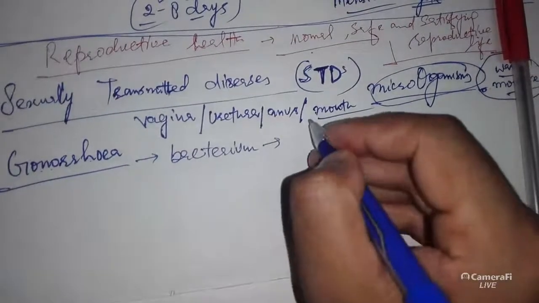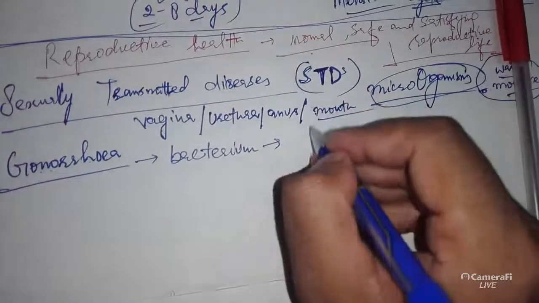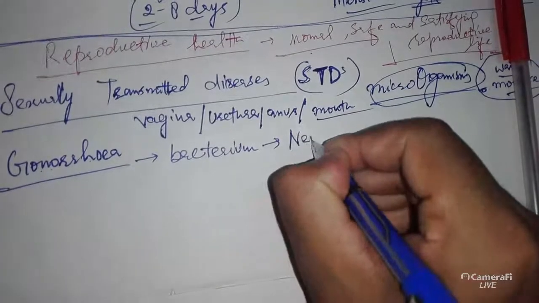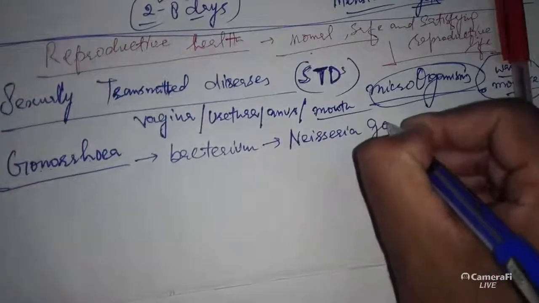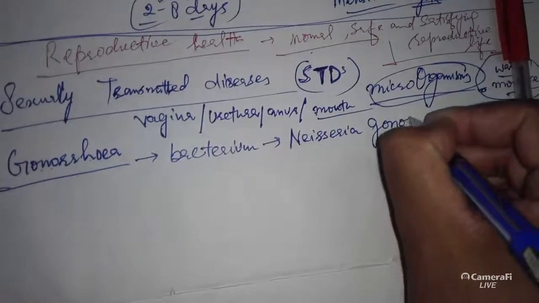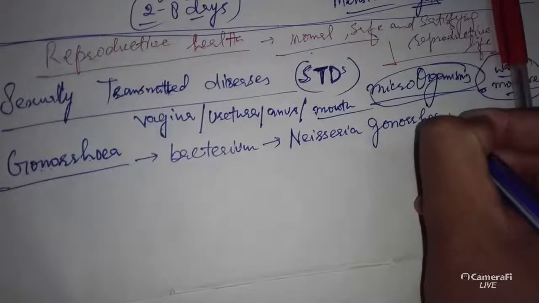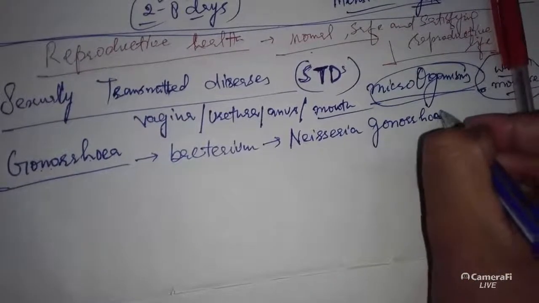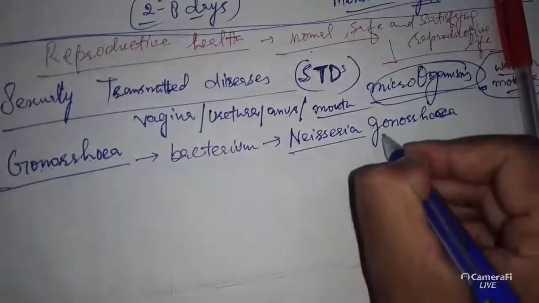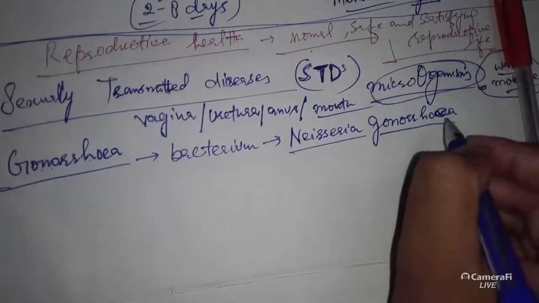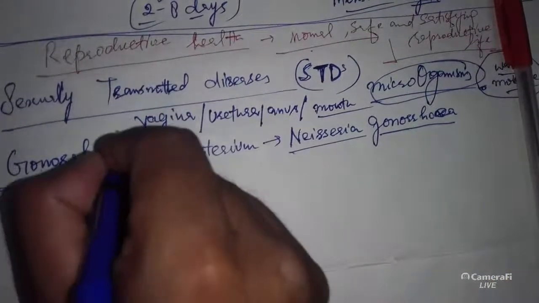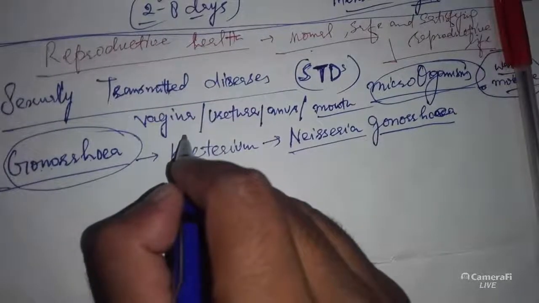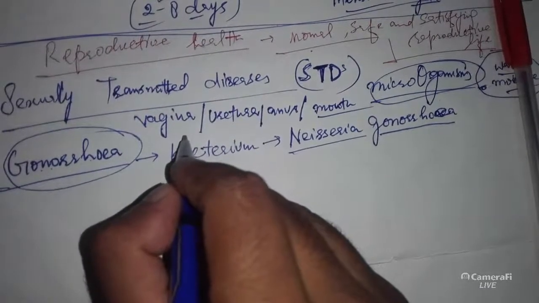The name of the bacterium is Neisseria gonorrhoeae. Neisseria gonorrhoeae is the bacterium name, and this disease, gonorrhea, is a disease of the private parts, that is the sexual organs.